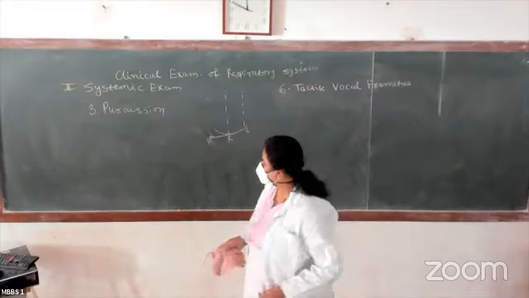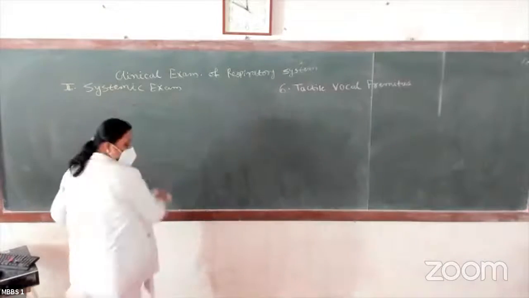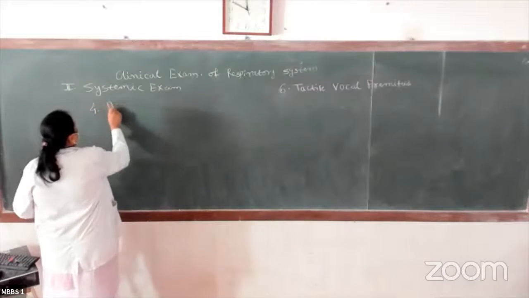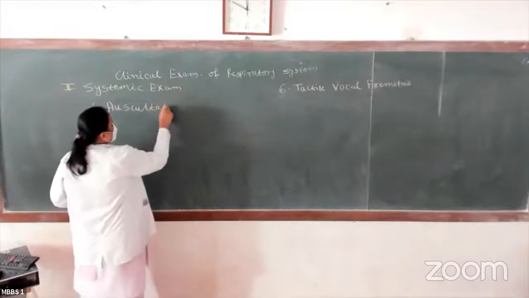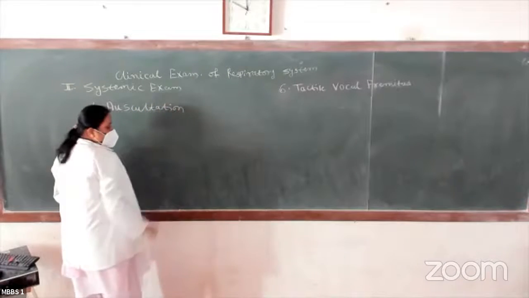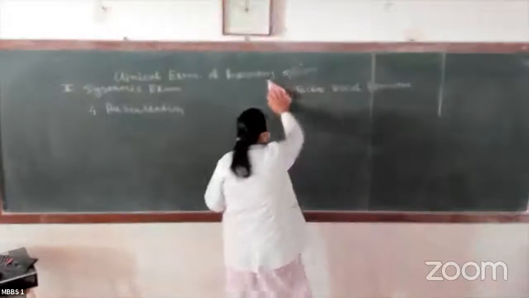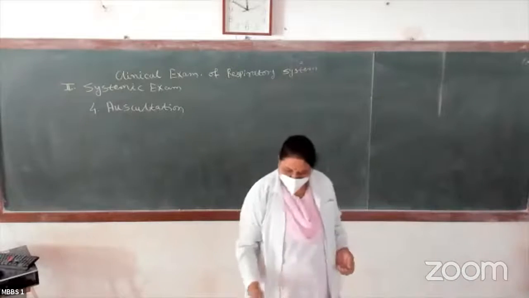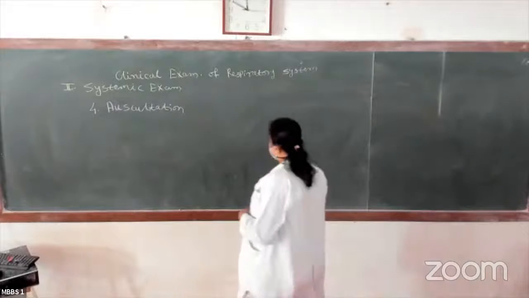There are 2 types of normal breath sounds: one is the vesicular sound and the second is the bronchial sound.